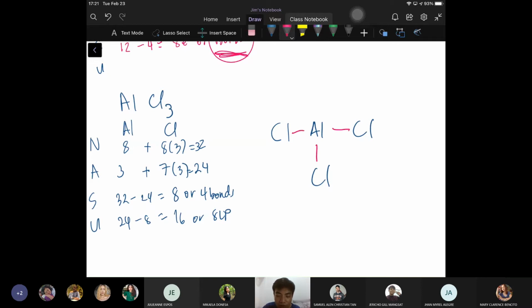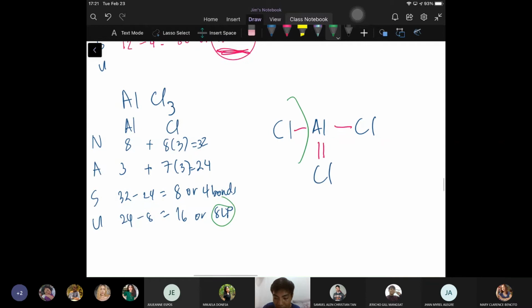Pero kapag ginawa mo yung double bond, mahirapan ka maglagay ng lone pairs. Tignan nyo, chlorine, may 2 electrons na yan. Naglalagay ako ng 3 lone pairs, octet na yan. So 5 pa yung natitira.